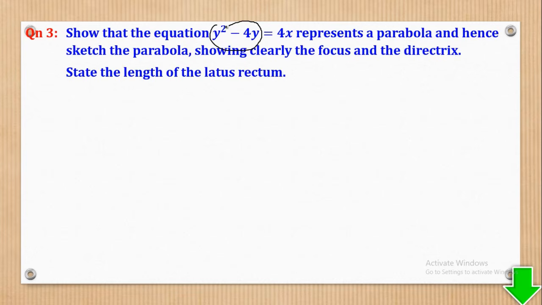Therefore it will also be a parabola, but they want you to show that it is a parabola. How? That means that they want you to show that it is in the form y squared is equal to 4ax. Now to do that, you must be knowledgeable in what we call completing squares, and we already covered completing squares under algebra.